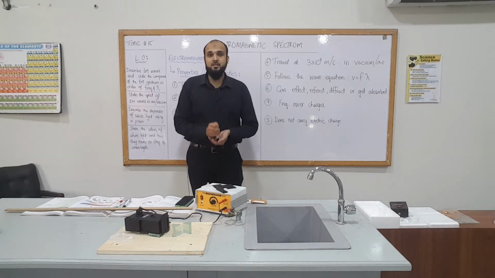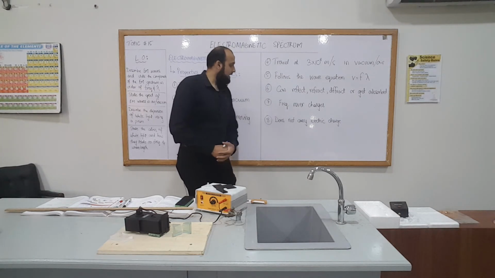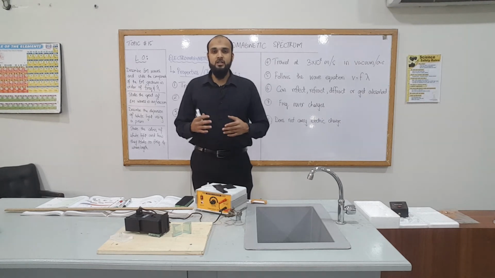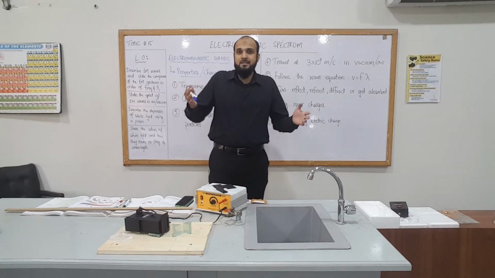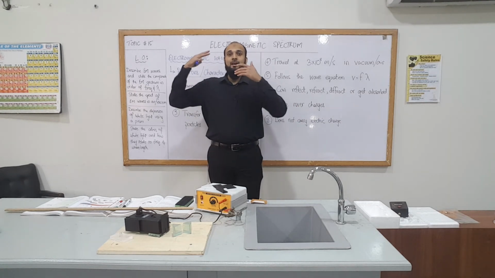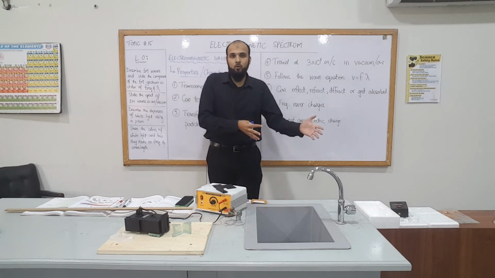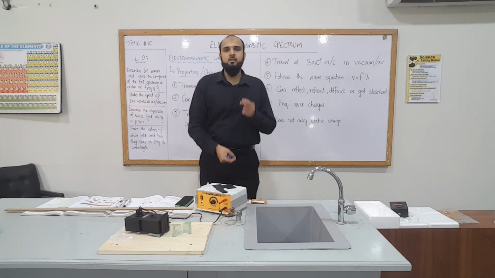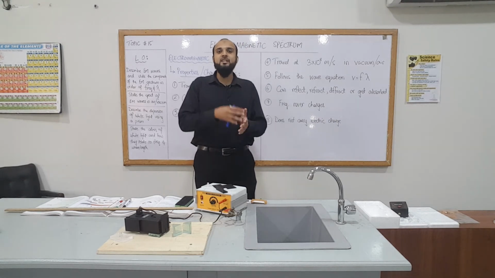Frequency always remains constant. And finally, none of the electromagnetic waves carry any charges, right? I understand that there are a series of electric fields that are oscillating, but it's not a movement of charges backwards and forwards. It's just a field that's changing its magnitude.